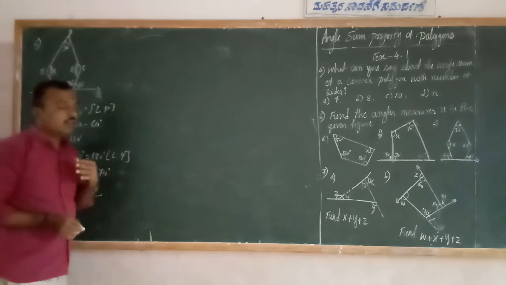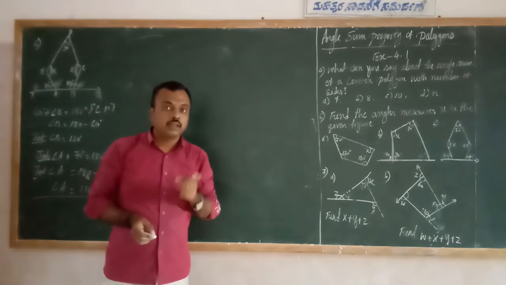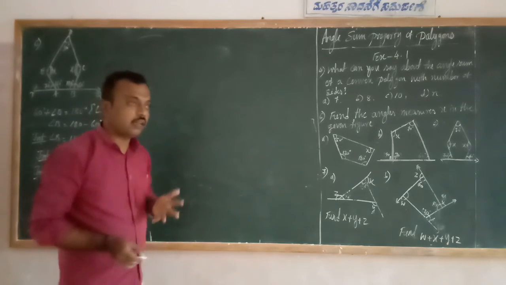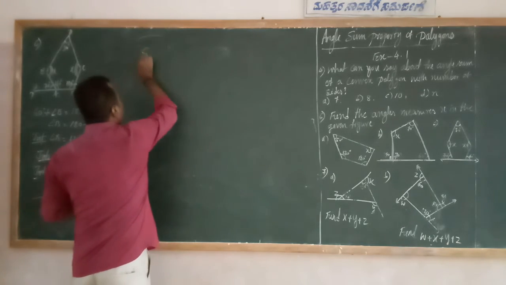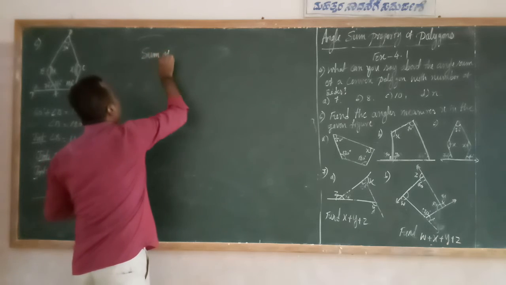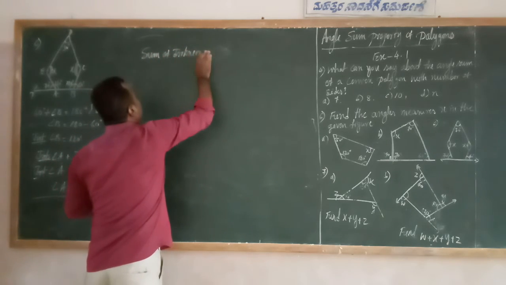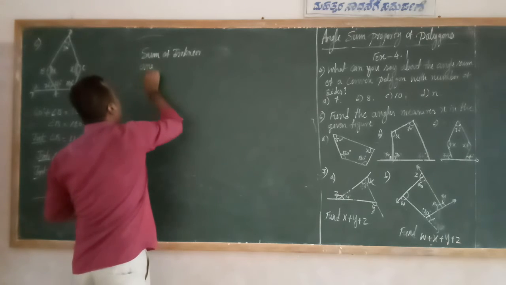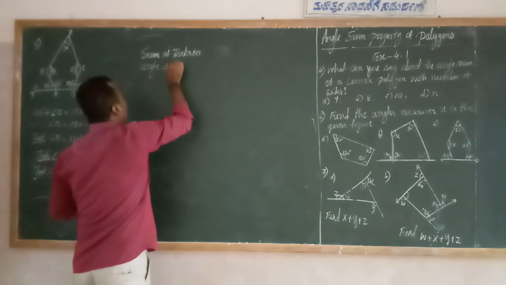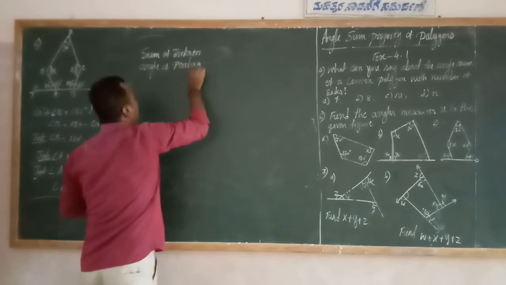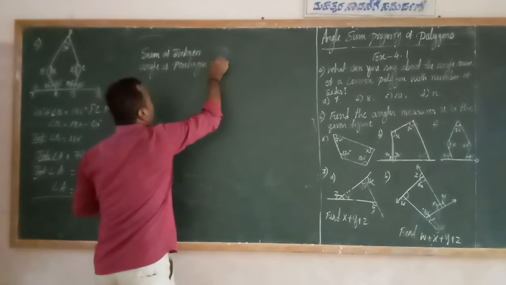We know the interior angle sum of a pentagon is how many degrees? 540 degrees, already calculated. The sum of the interior angles of a polygon, here a pentagon, is 540 degrees.